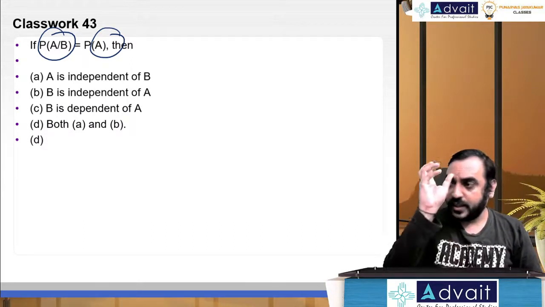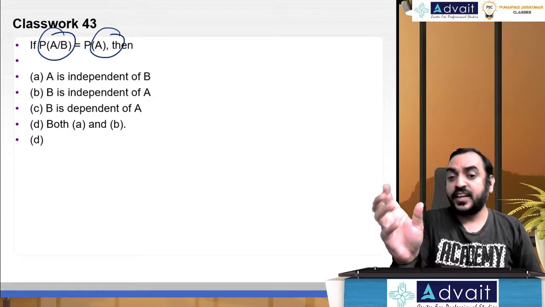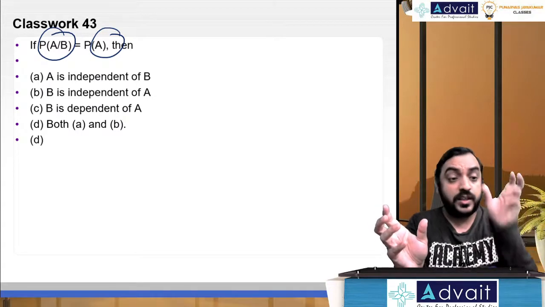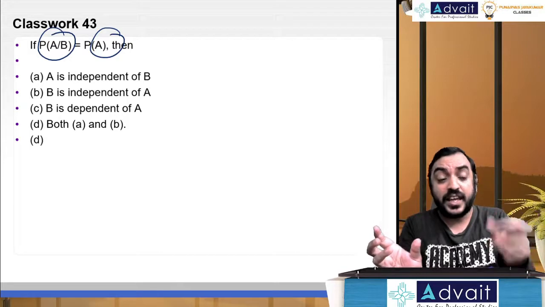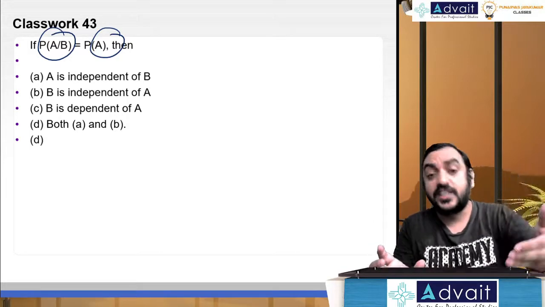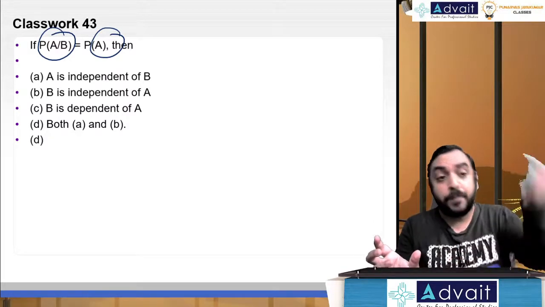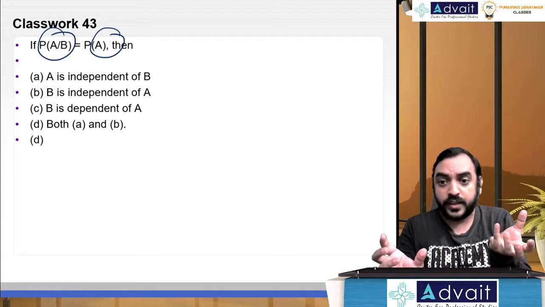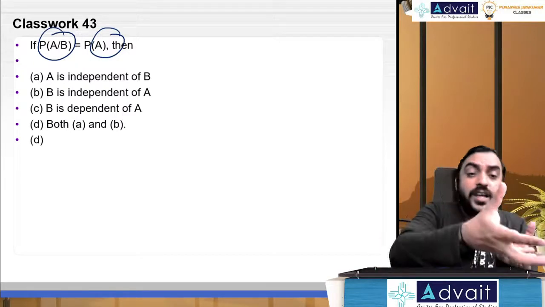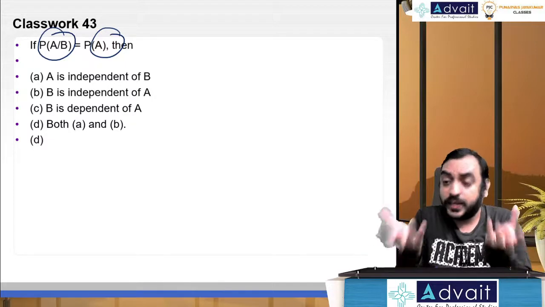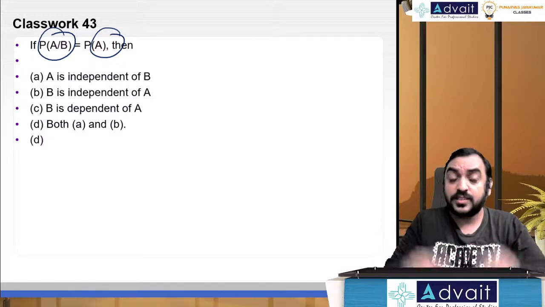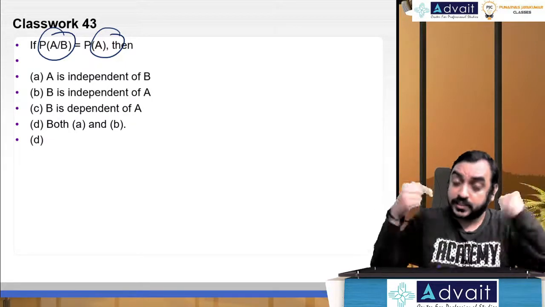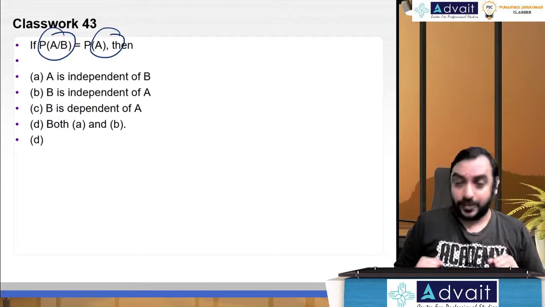Probability of A is probability of event A, and A slash B means what is the probability of A given B has occurred. Observe, whether B occurred or not, that probability is same, which means the probability remains same even after B.